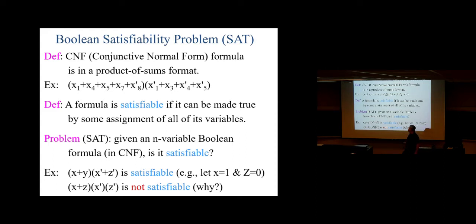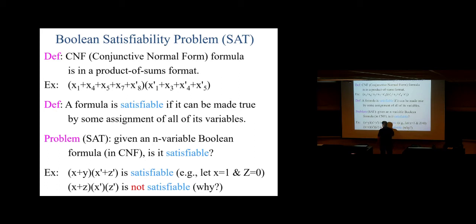Plug in all possible combinations of x and z. Actually, there's only two variables, x and z, so it's really only 4 possibilities. Not too onerous. But in general, there could be a lot of variables. And if you try all possibilities for every single variable, you can have 2 to the n different tests, and that's exponential time.